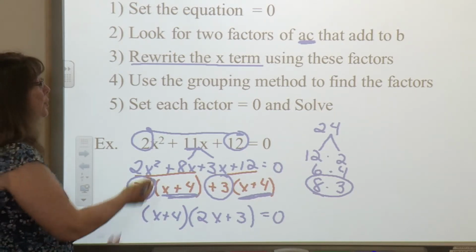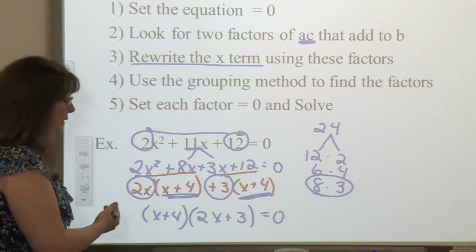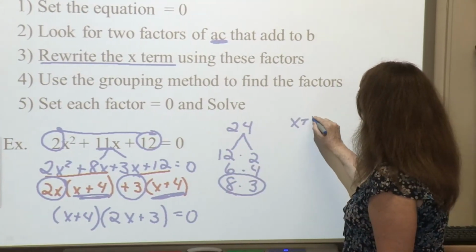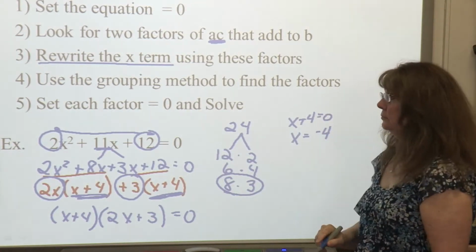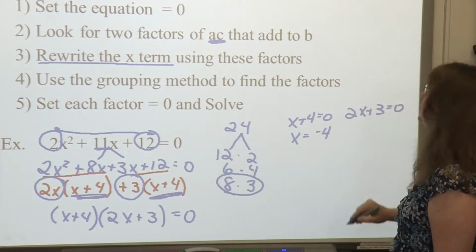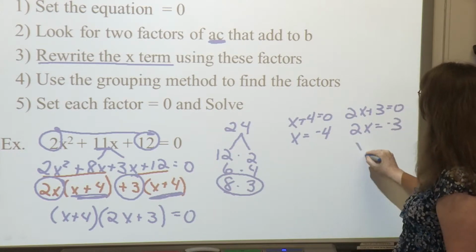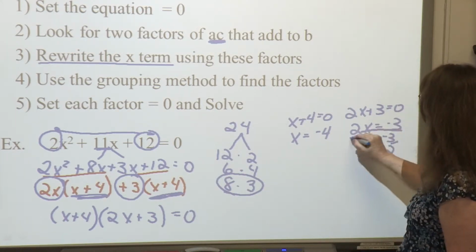Again, to finish it, you're going to want to set each factor equal to 0 and solve it. So I can take x plus 4 equals 0, and x would equal negative 4. Or 2x plus 3 would equal 0, subtract 3, and divide by 2. X equals negative 3 halves.